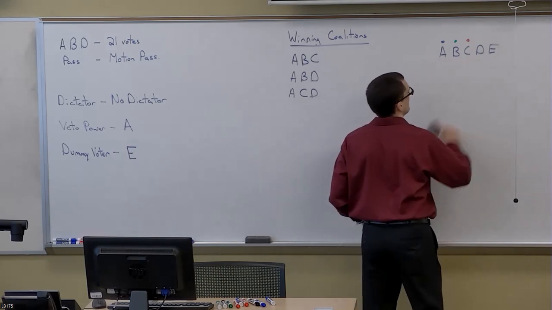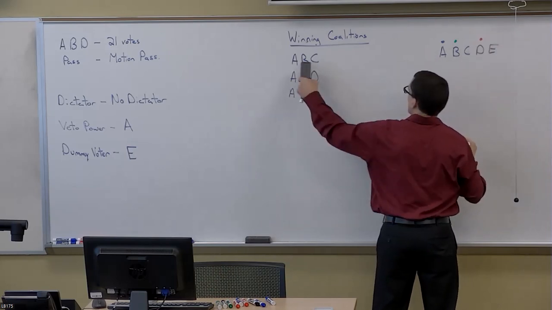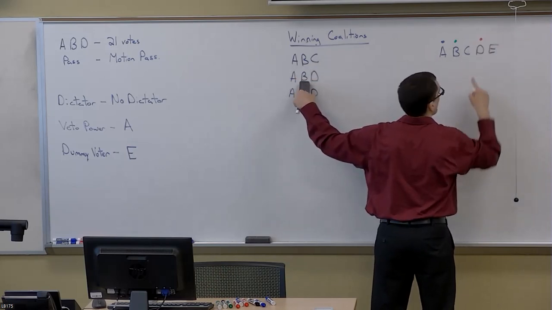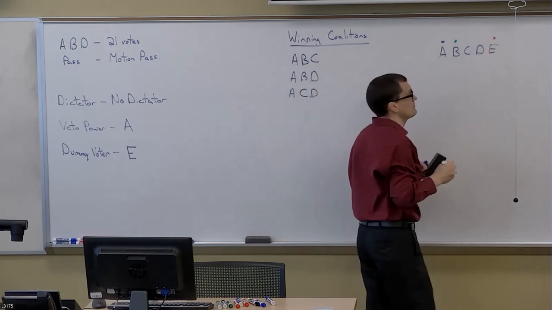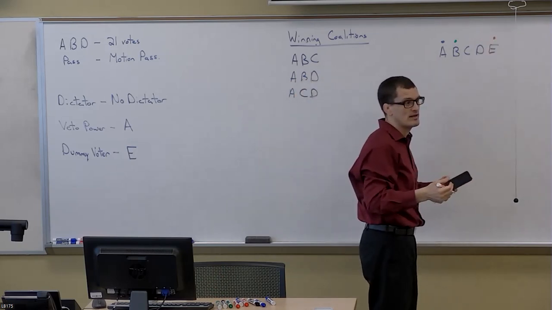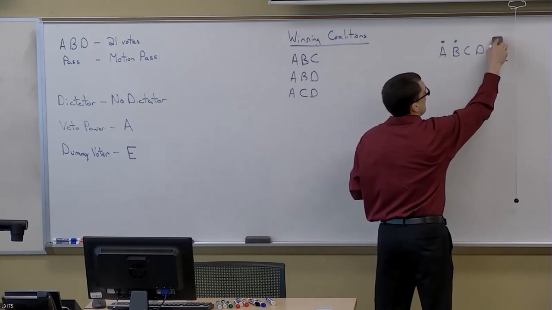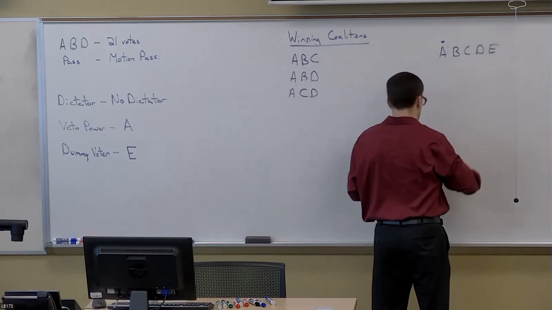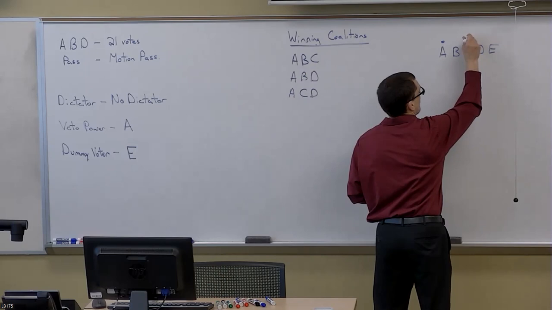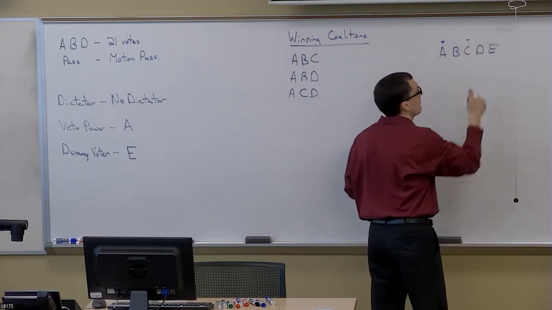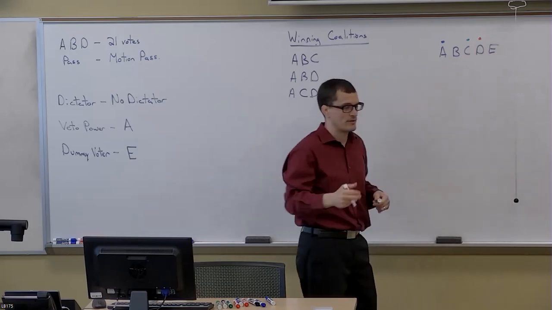And then I move the red dot over and say, let's try ABD. That one worked. And then I move the red dot over and I say, okay, let's try ABE. That one did not work, right? Once I get to the end with the red dot, I can go back to the front and move my green one over. And then the red dot always has to stay to the right of the green.